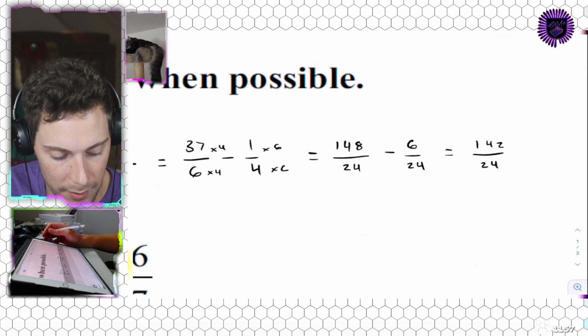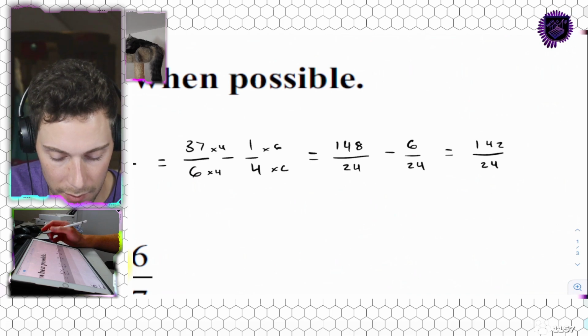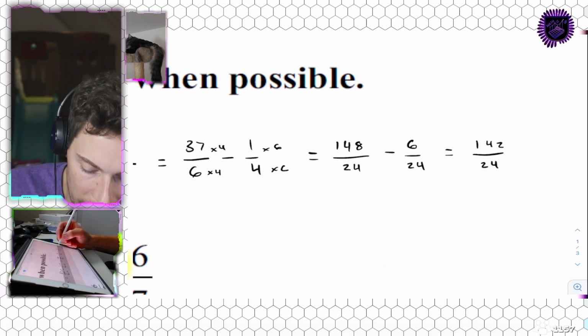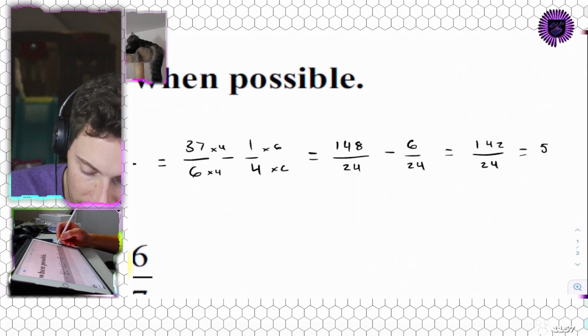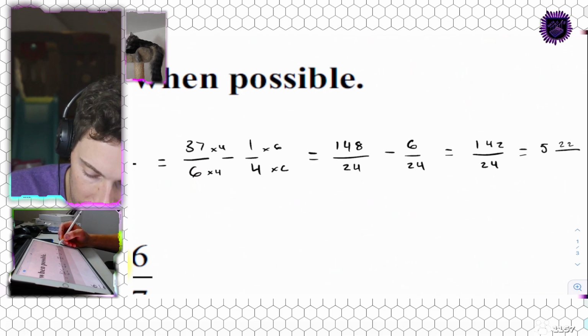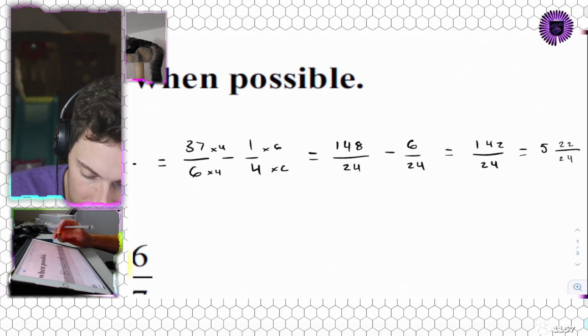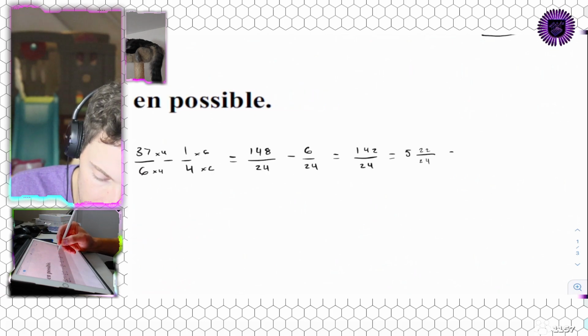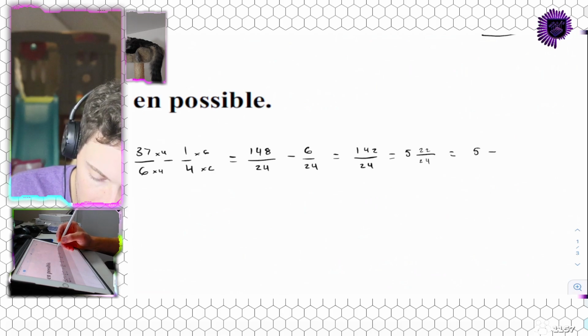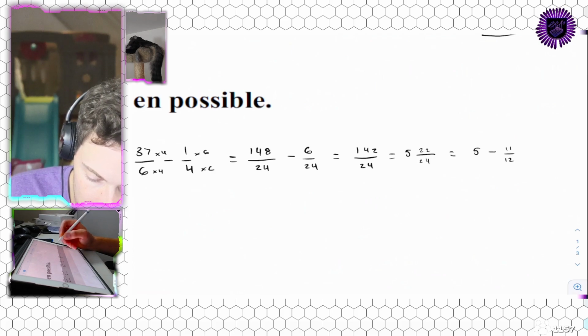24 times 5 is equal to, this will be 5 and 22 over 24, which will be equal to 5 and 11 twelfths.